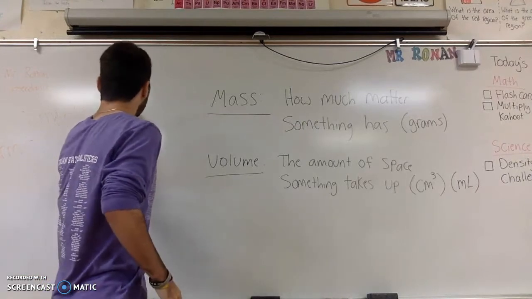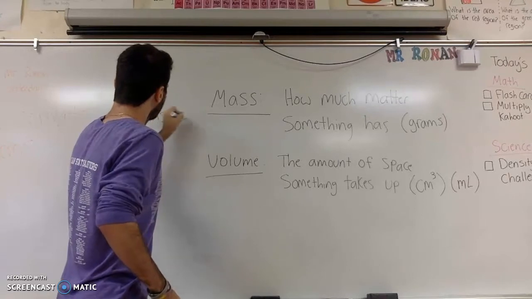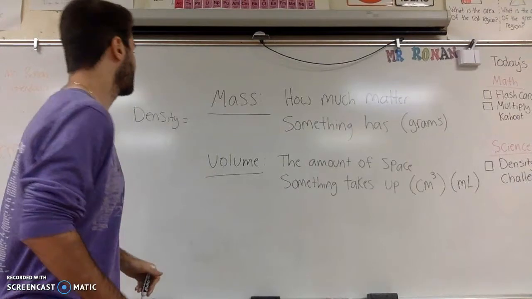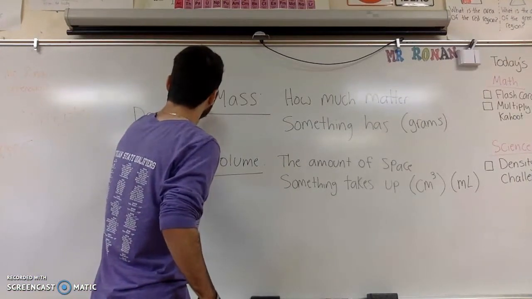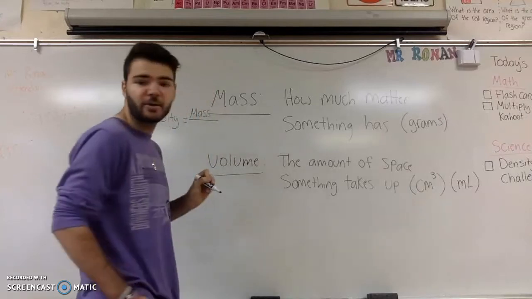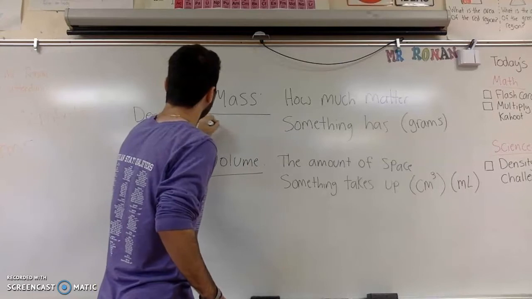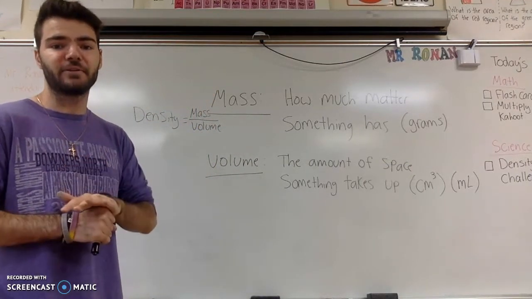So to find density, I'm gonna write density equals, and after I do this, this is gonna tell us how to find density. We take our mass and we divide our mass by our volume. Okay. So to find density, we do mass divided by volume.